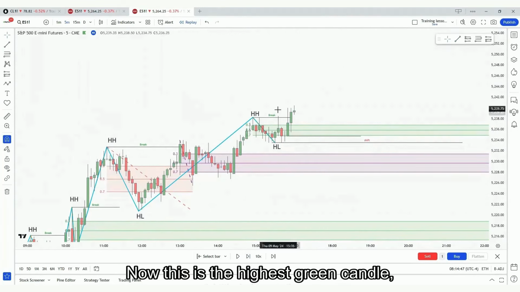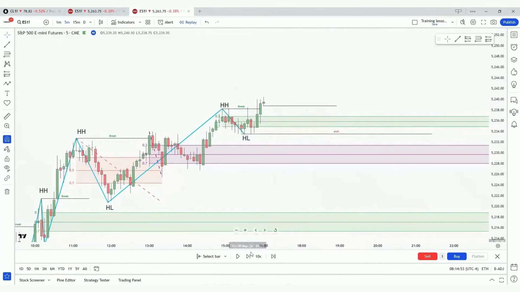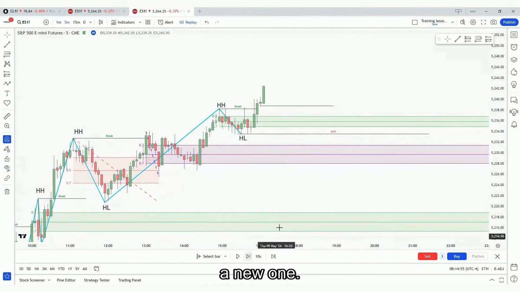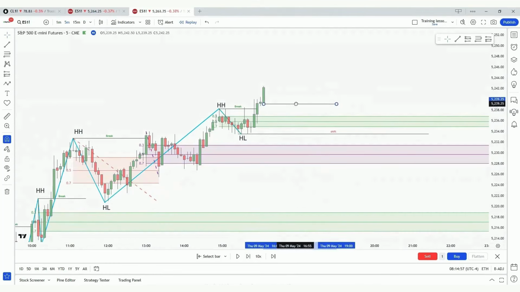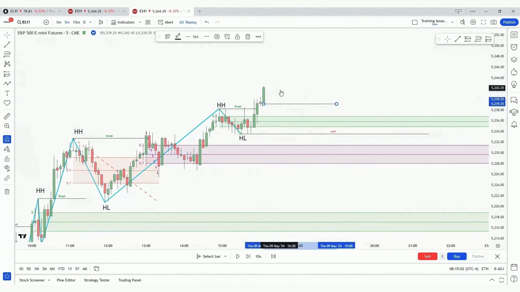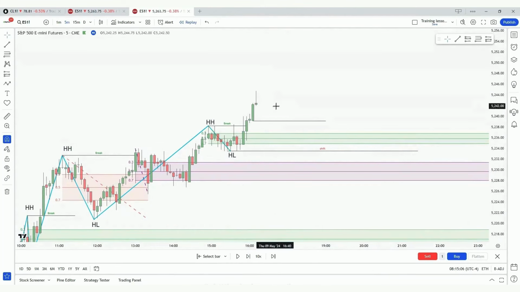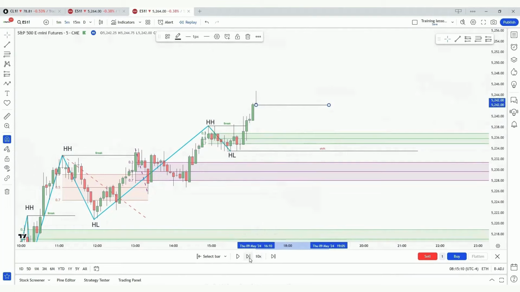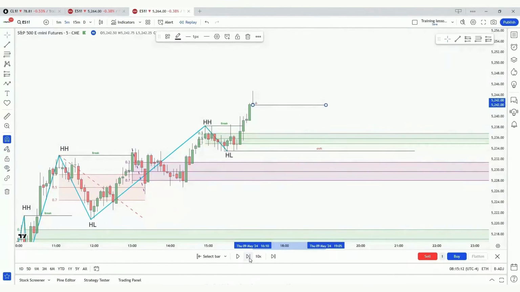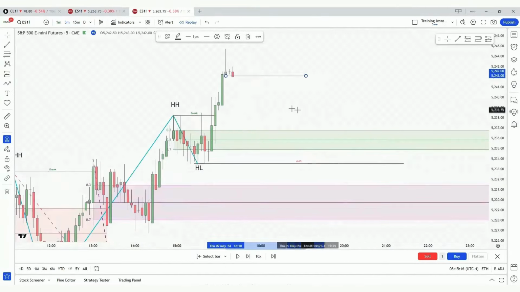Now this is the highest green candle. So we move it up a little bit. A new one. So all we do is just follow candle by candle. Another one. This looks like a close below.